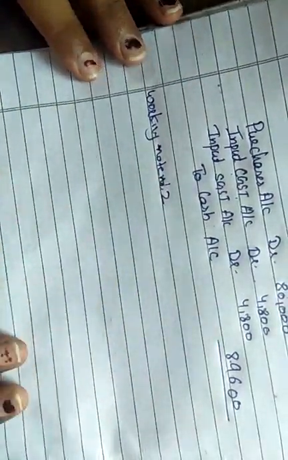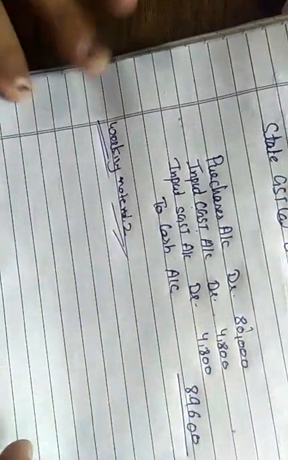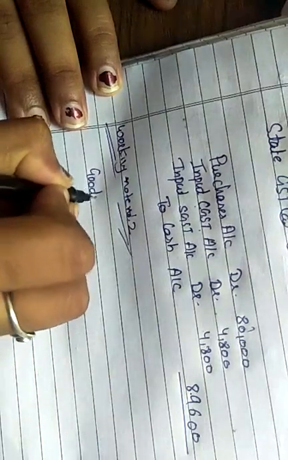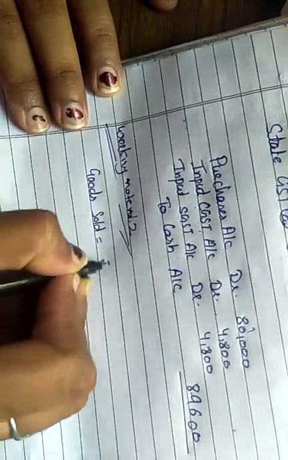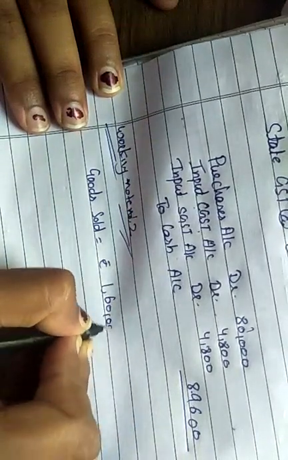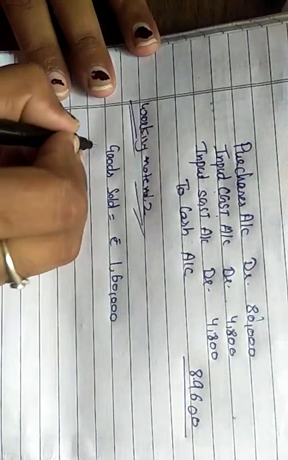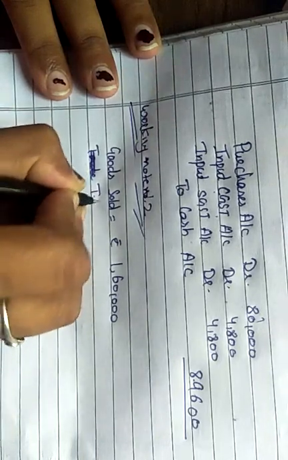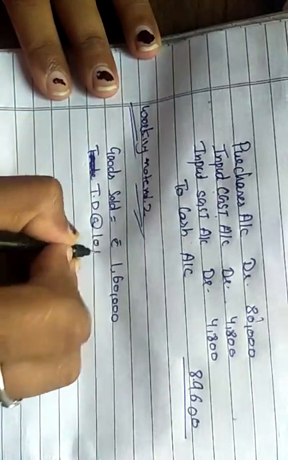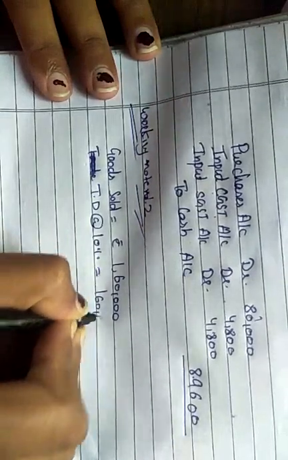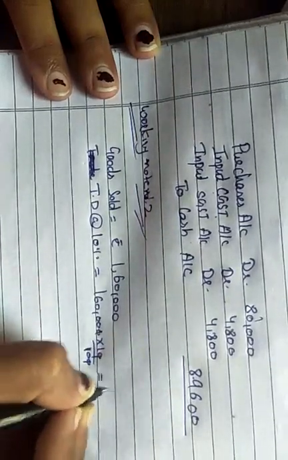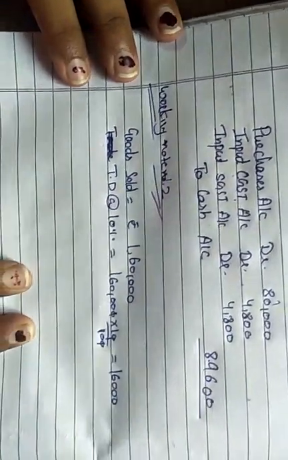So in this transaction, goods are sold for rupees 1,60,000. Now trade discount is given to the customer. So trade discount at the rate 10%. So the value of trade discount is 10% of 1,60,000. That is 16,000.